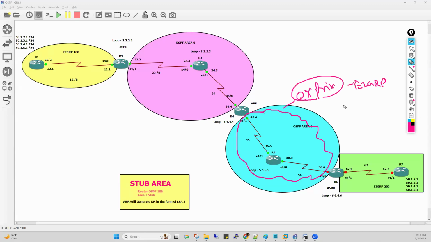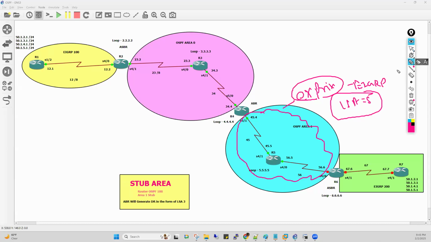Yes or no? By the help of which LSA? LSA number 5. Agree, everyone? Yes or no? We are receiving LSA number 5 here in this area. Are you getting my point? Yes or no? In this area, we are getting the LSA number 5, and that is called the external LSA.